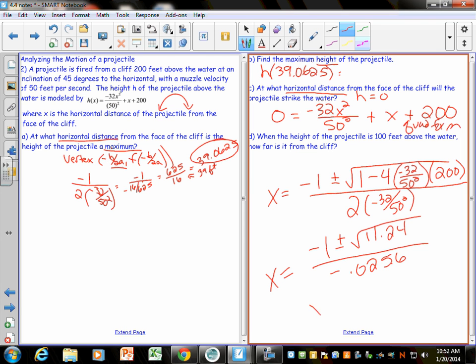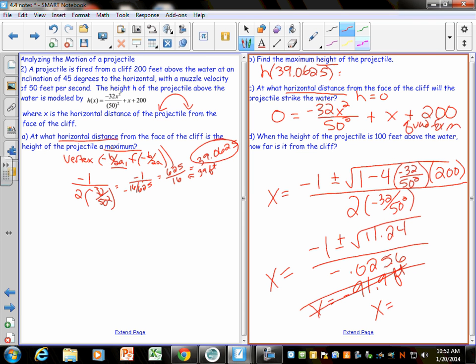And I got x equals negative 91.9 feet. That doesn't make sense to the problem. So if you know it's going to be negative, you don't have to do that one. But if you do the minus, it's going to work out.